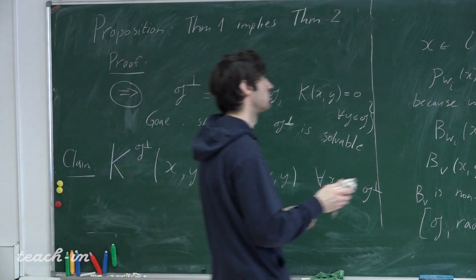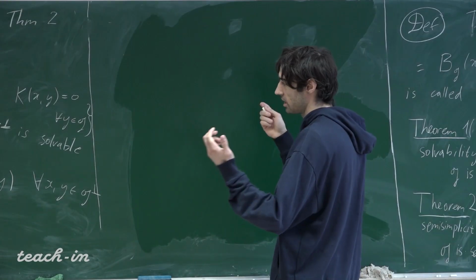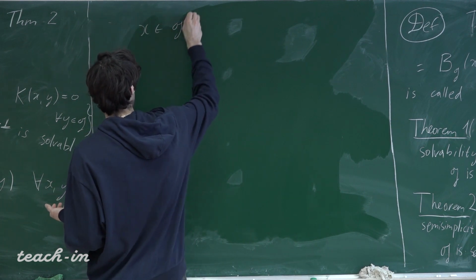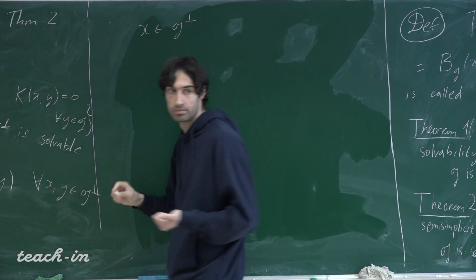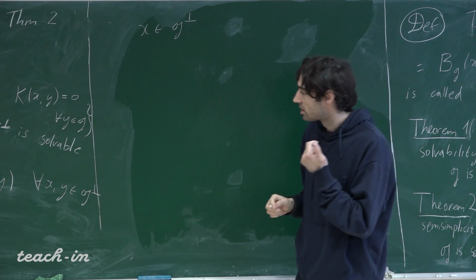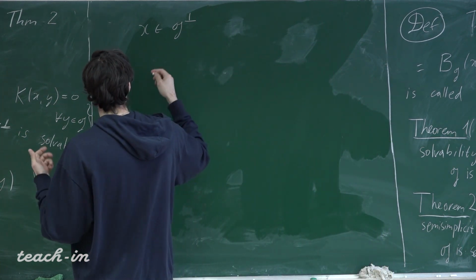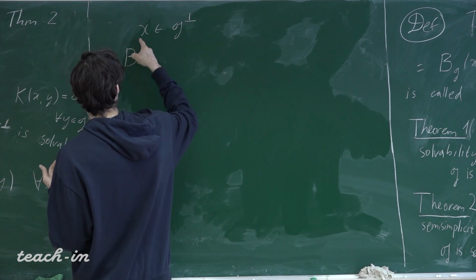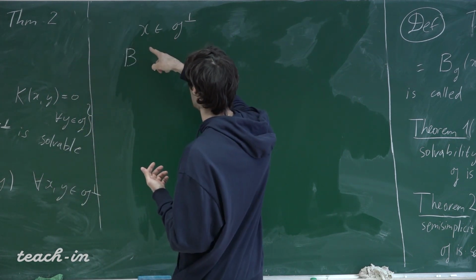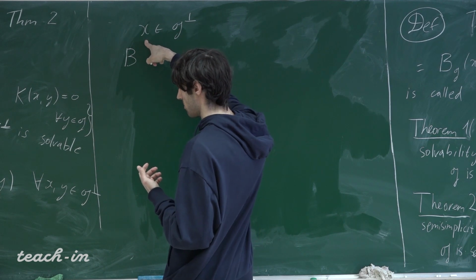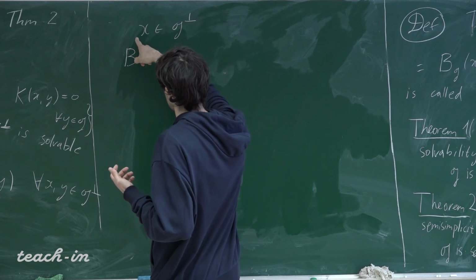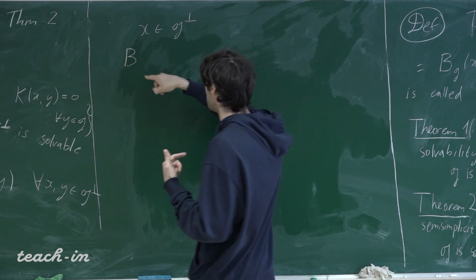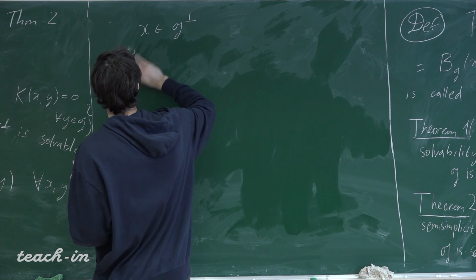So let me move to this board. Let me take x from G orthogonal, right? Then we would like to see what is the matrix for rho of x in the following basis.